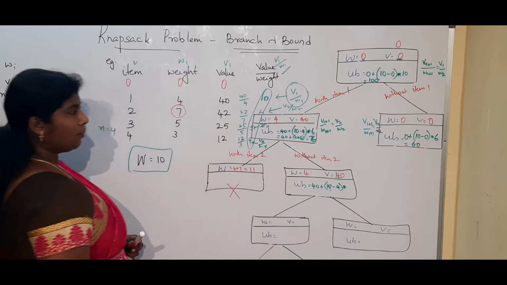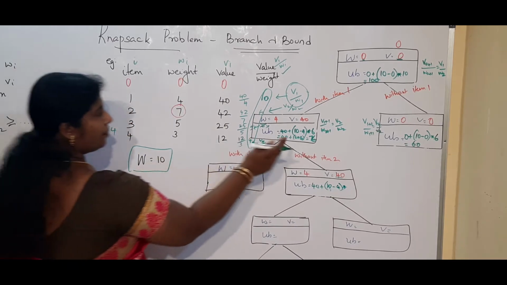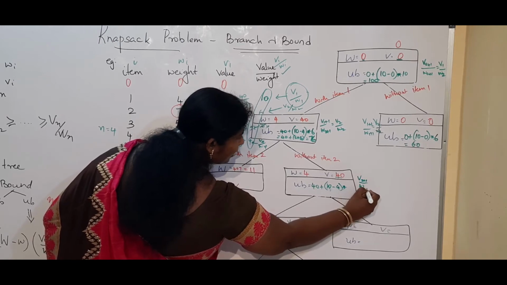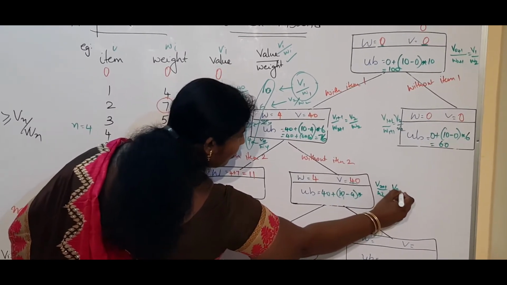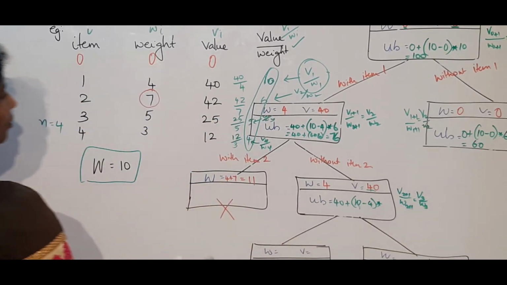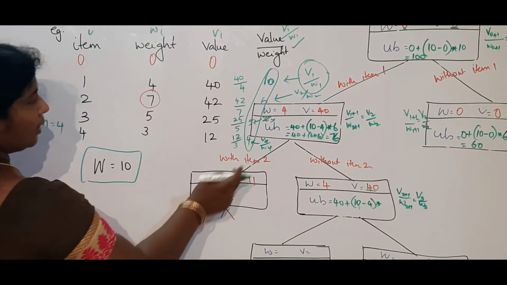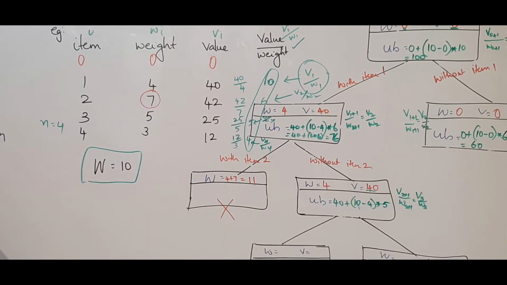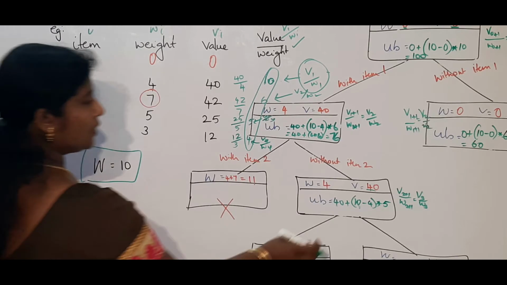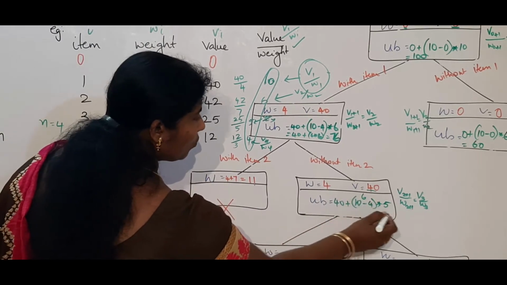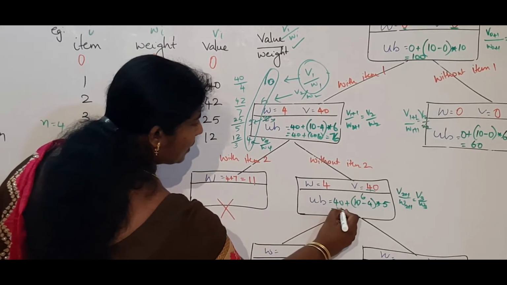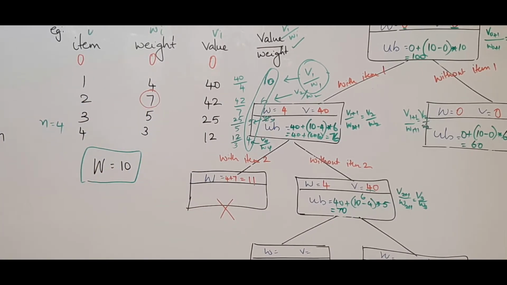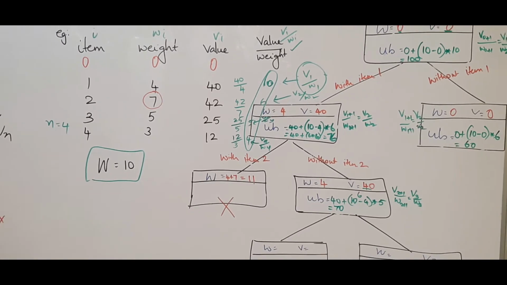What would be my new V3 by W3 value? V3 by W3 is 5. So it is 6 into 5, 30, plus 40. I have 70 here as my upper bound.